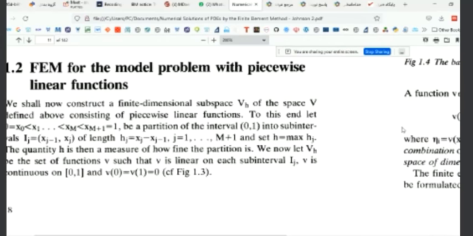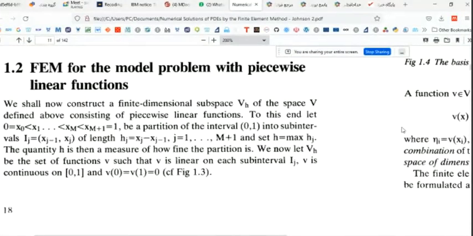We want the FEM for a model problem with piecewise linear functions. So we shall now construct a finite dimensional subspace V_h of the space V defined above, consisting of piecewise linear functions.